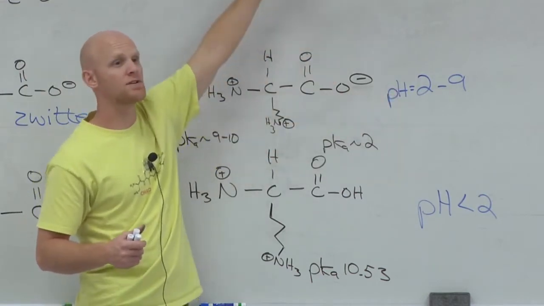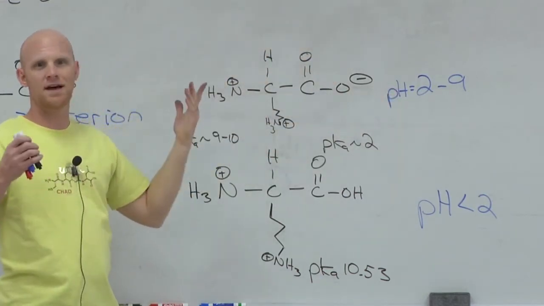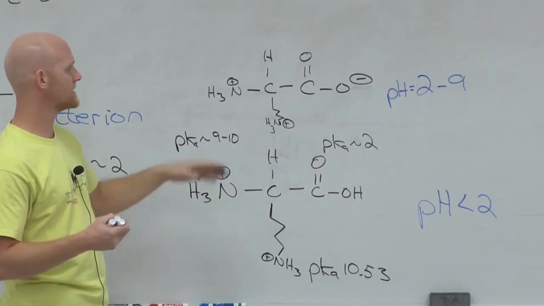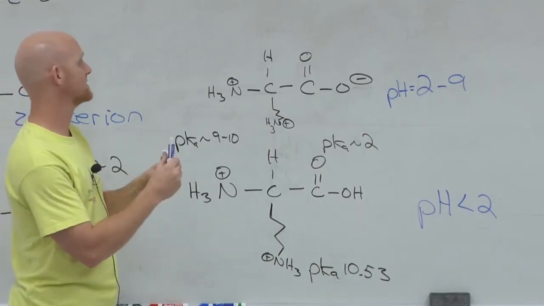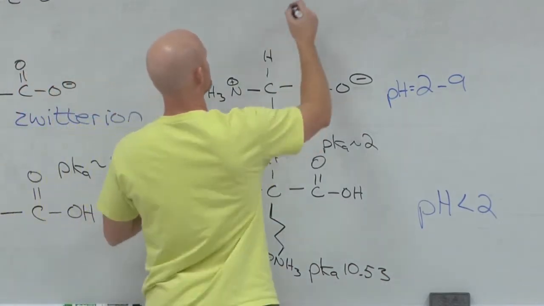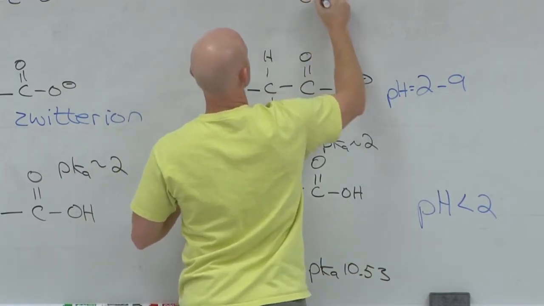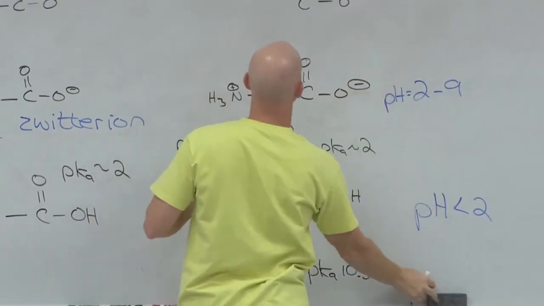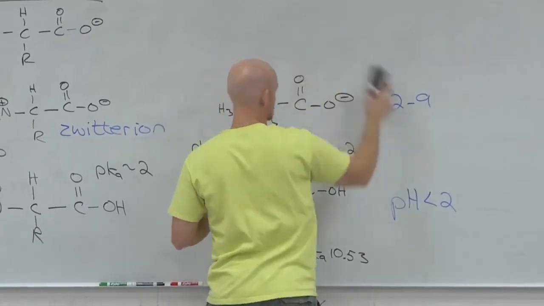Now we're going to cross the 9 to 10 region. Maybe go to 11 or something, but I don't want to go to 11 yet. So we'll cross the 9 to 10 region. In crossing the 9 to 10 region, the next group to change is the amino terminus. Actually, that's not enough room here.